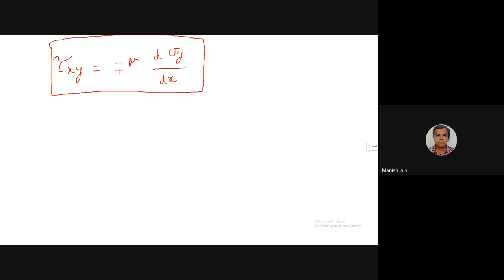You can use both minus or plus sign in Newton's law of viscosity. When you can use the minus sign and when the plus sign is basically a notation method.